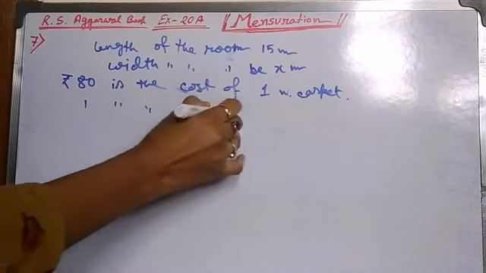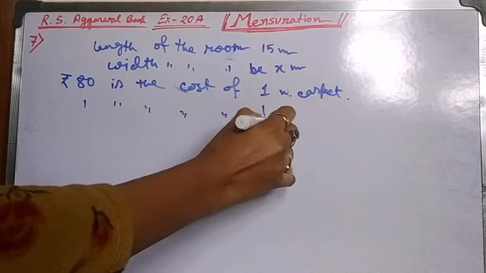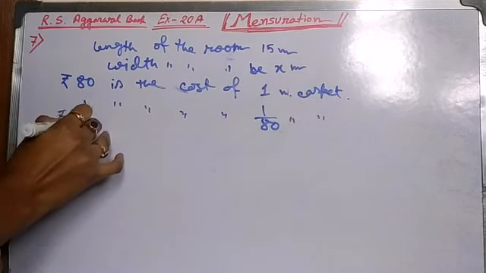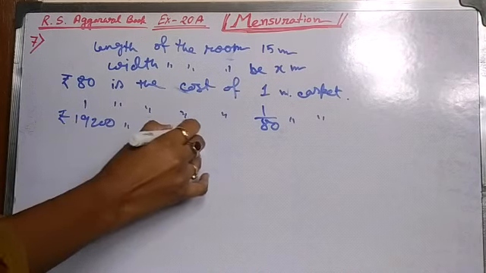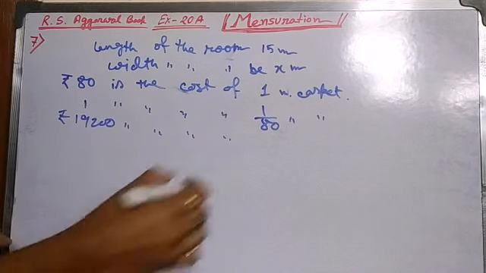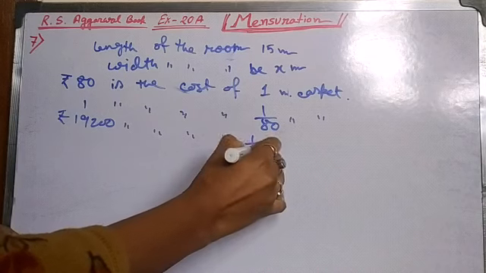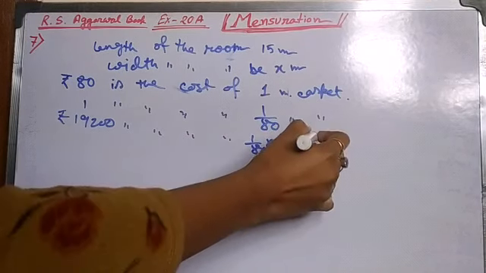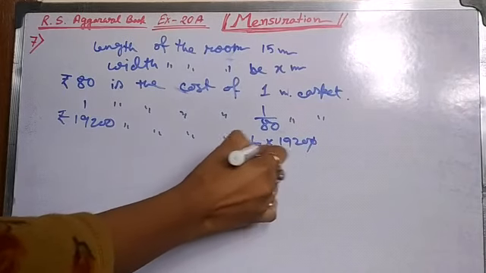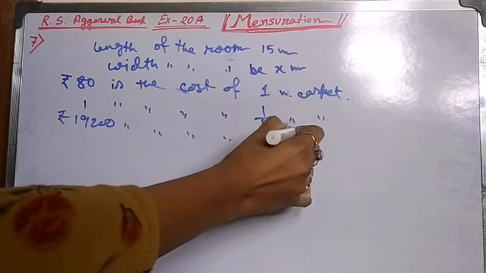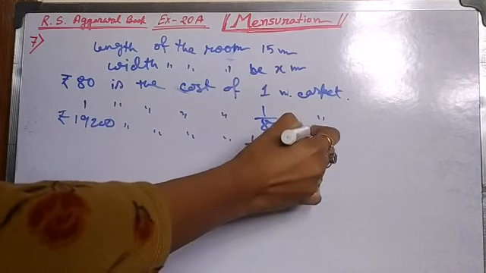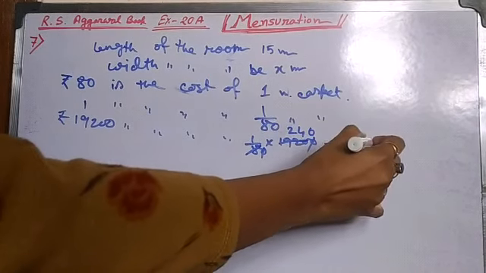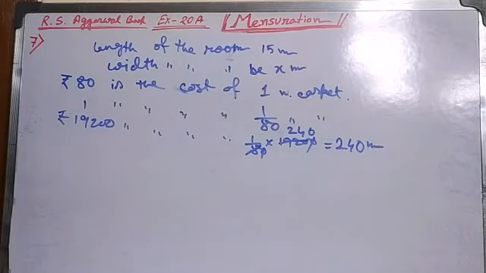Rupees 1 is the cost of 1 by 80 meter carpet, and rupees 19,200 is the cost of that means 240 meter carpet.